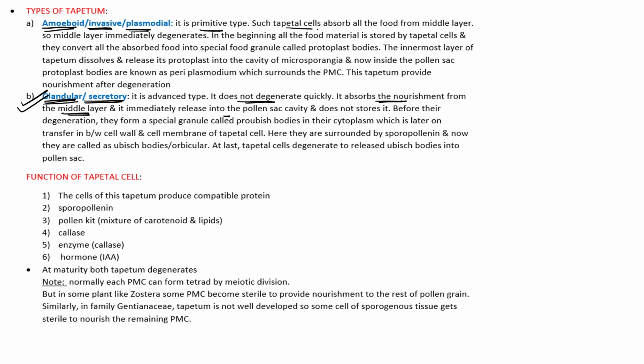Such tapetal cells will absorb all the food from the middle layer, so the middle layer immediately degenerates. First they store it and finally they convert all the absorbed food into spatial granules, that is, protoplast bodies. They make protoplast bodies and finally the innermost layer of the tapetum dissolves and releases the protoplast into the cavity of the microsporangia so that they can provide nourishment to the developing pollen grain.